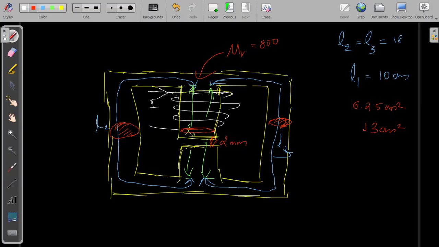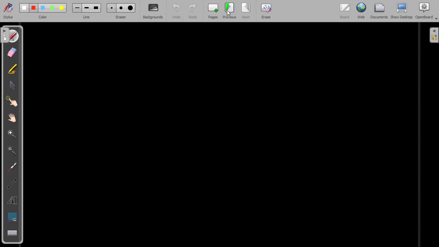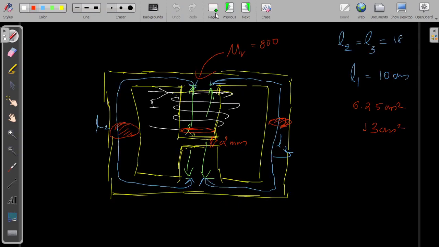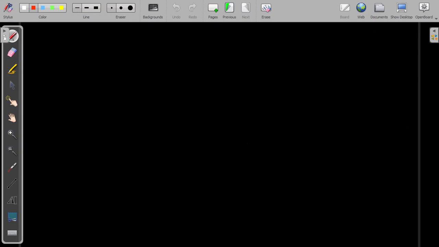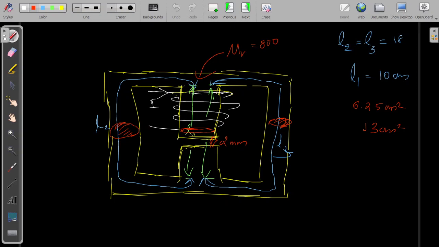So in this problem we have the magnetic circuit model like this. Yes, the winding, and this current will produce an MMF, total ampere turns, and that will drive a flux, which we take as phi inside this coil.